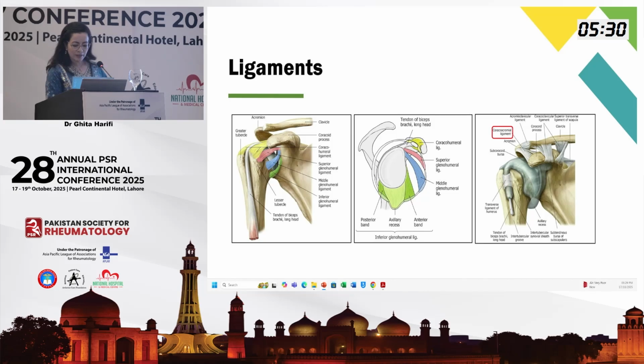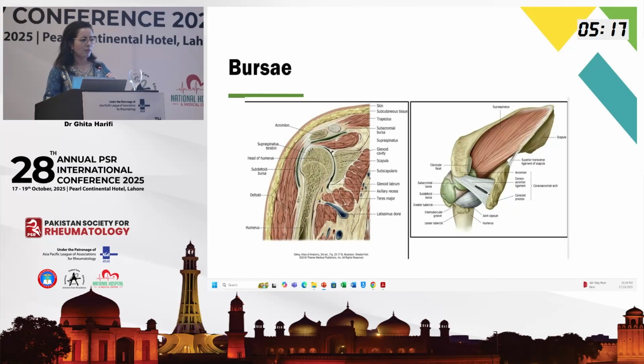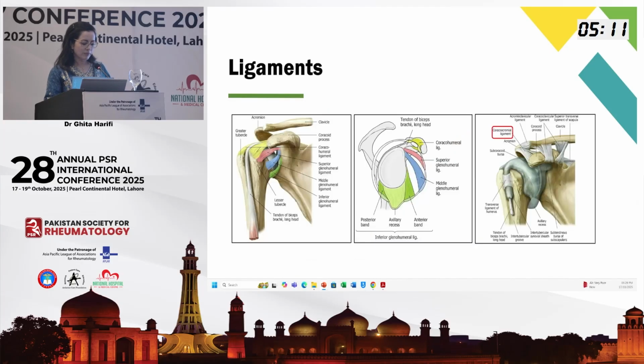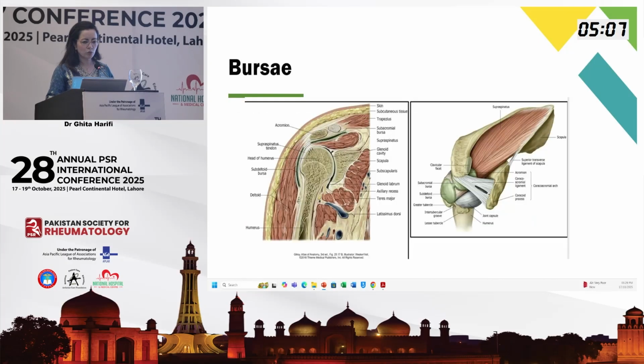Other key ligaments include the coracohumeral ligaments, the coracoacromial ligament, and the coracoclavicular ligament. During the scanning technique, we will probably point to one or two ligaments to show you, specifically the coracoacromial ligament, and I'll show you why it's important to localize it.